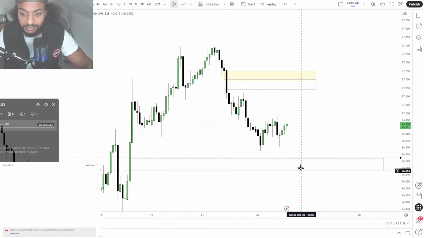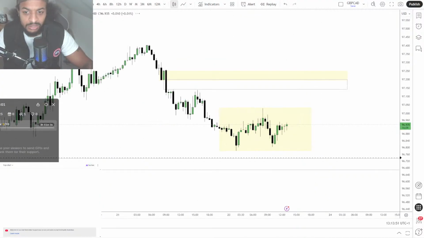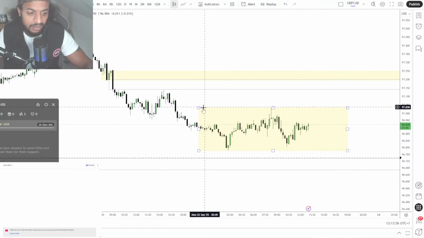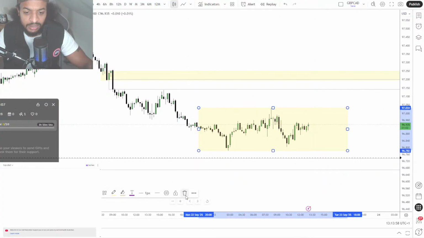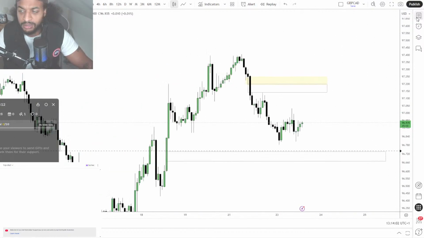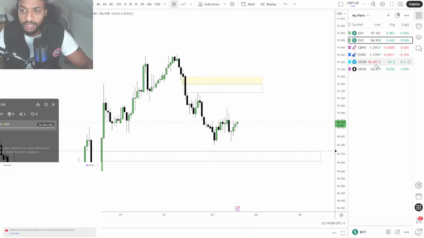It could come down, break out of the range to the lows. So if you put a box on it like this, it's kind of in a sideways motion. So when that happens, you want to see it either go up or down outside of the range first, and then you can then depict what is going to follow from that. So there's nothing to report here.